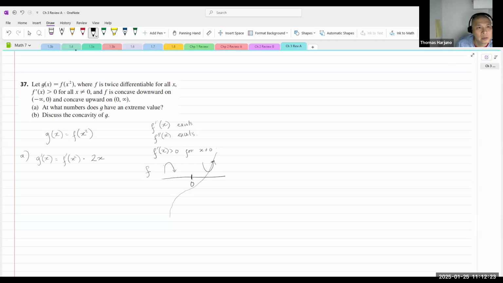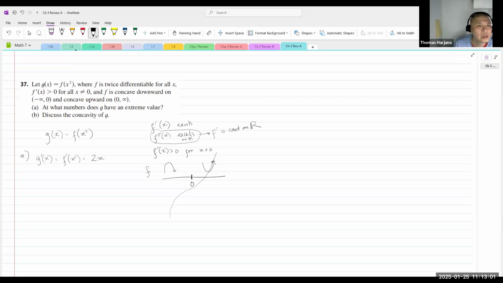But at the same time, it is differentiable even at 0, which means f prime 0 has to be 0, right? It cannot be negative because the second derivative exists. The second derivative exists means f prime x is continuous on all real numbers, right?